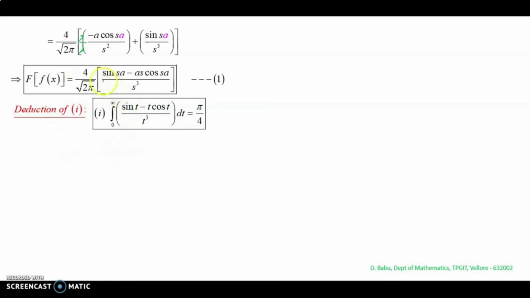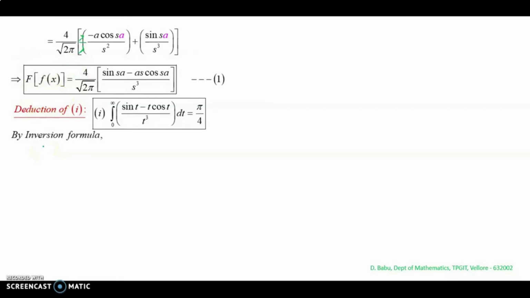So here compare this with equation 1. Here t cube, here s cube. The numerator is sin t minus t cos t; here the numerator is sin sa minus as cos sa. It is almost the same. Therefore this deduction is similar to the Fourier transform of f of x, so we have to apply the inversion formula.